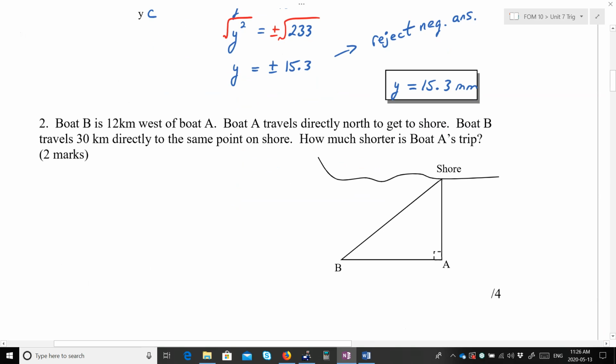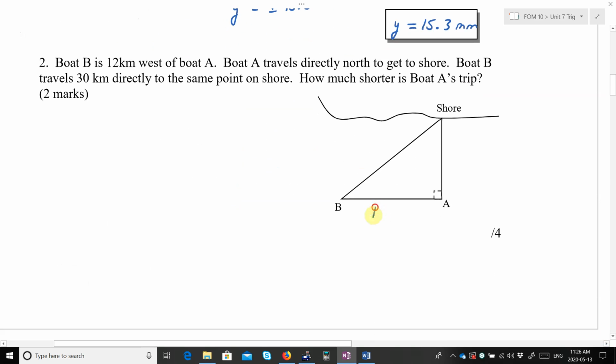Okay, number two. Boat B is 12 kilometers west of boat A. Boat A travels directly north to get to shore. Boat B travels 30 kilometers directly to the same point, so boat B would be along here, 30 kilometers to the same point.